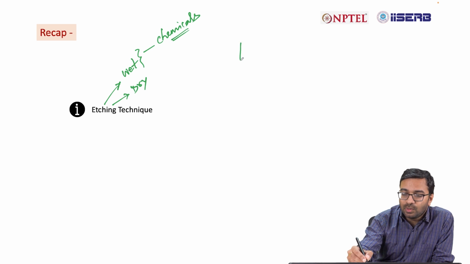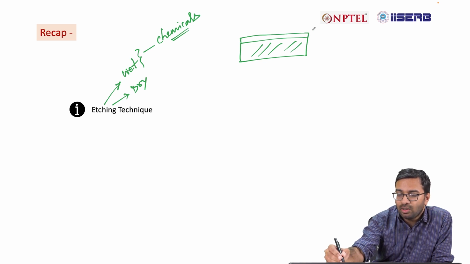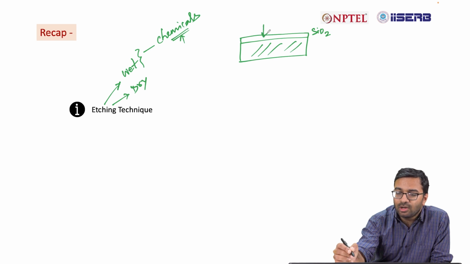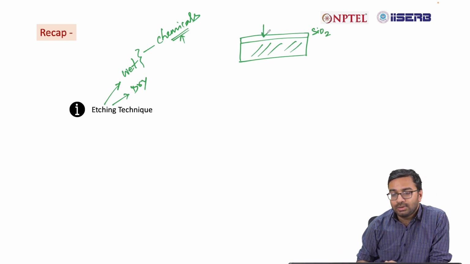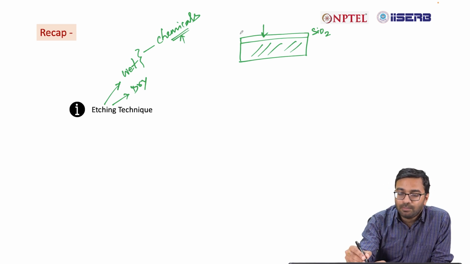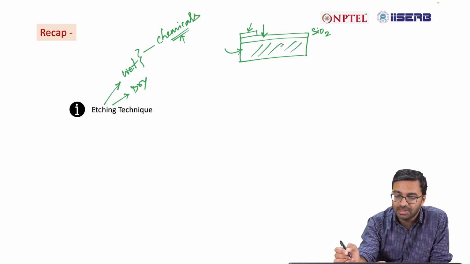For example, if you have a device, or a substrate, and on top of that there is a thin layer of silicon dioxide, then you need chemicals which will specifically etch out silicon dioxide and will not react with any other material present in the system. For example, if you use a mask, then the etchant, the chemical that you want to use, should not etch out the mask, or react with the substrate, whatever the substrate material is.